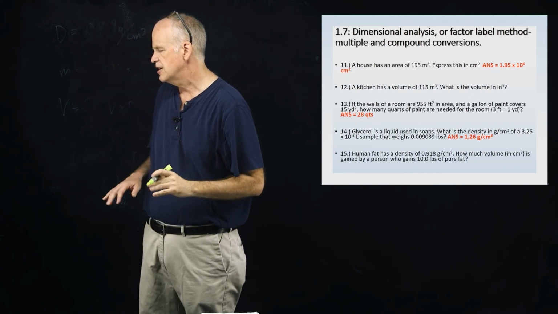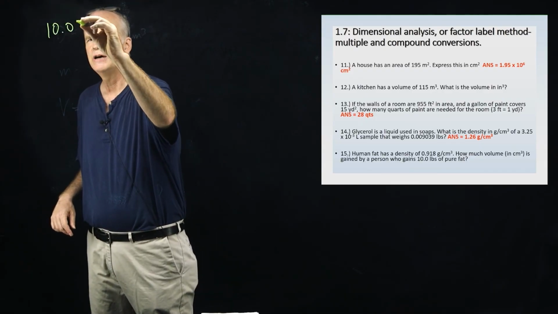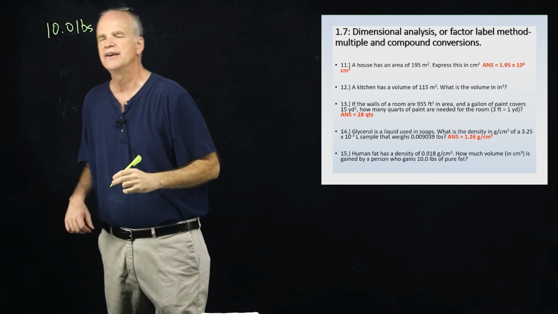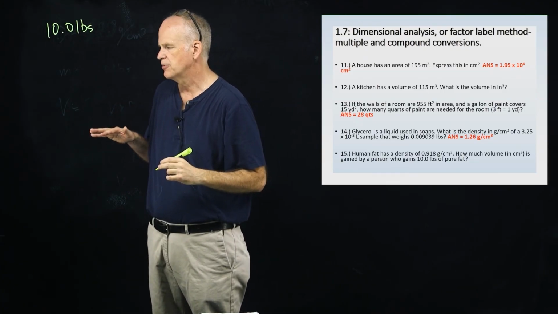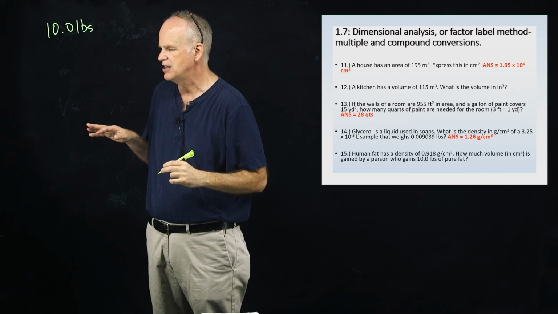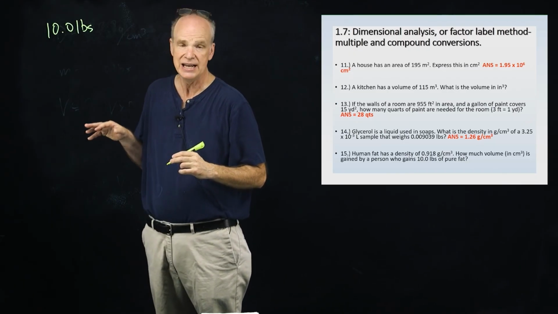Here we are starting out maybe with 10 pounds of fat. Again, we have 2 pieces of information in the problem. So the question is, is there one piece of information that can be thought of as an equality? And the answer is yes.